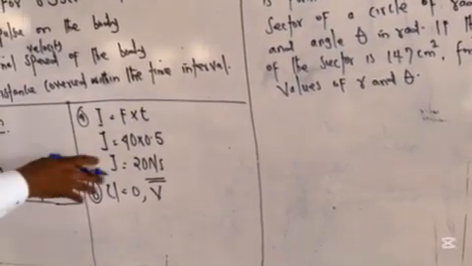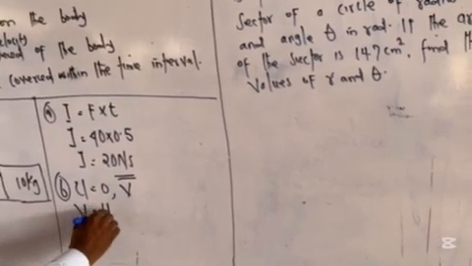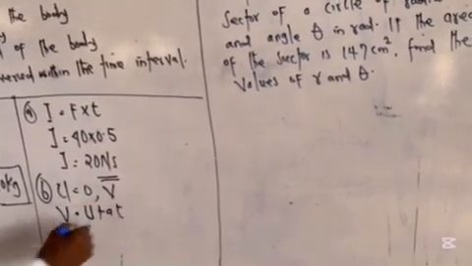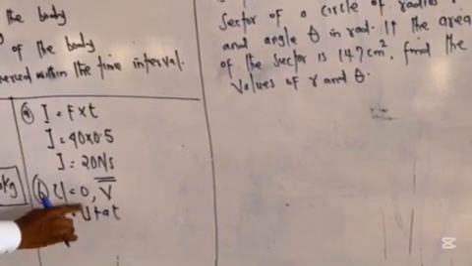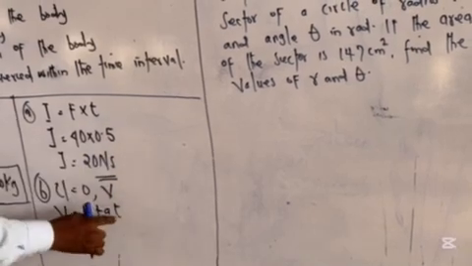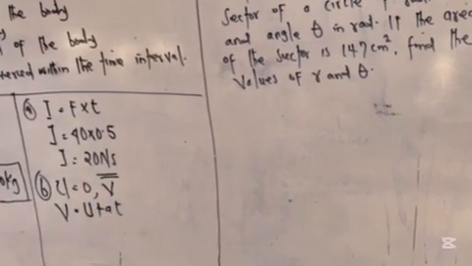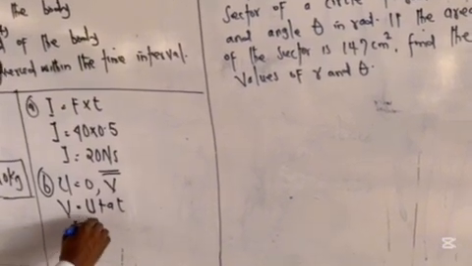From the data, velocity is v equals u plus at, which is the first equation of motion. If you look at the data, we have u already as 0. We don't have a, but we have t as 0.5. So how do we find a? We apply Newton's second law of motion, which says force equals ma.